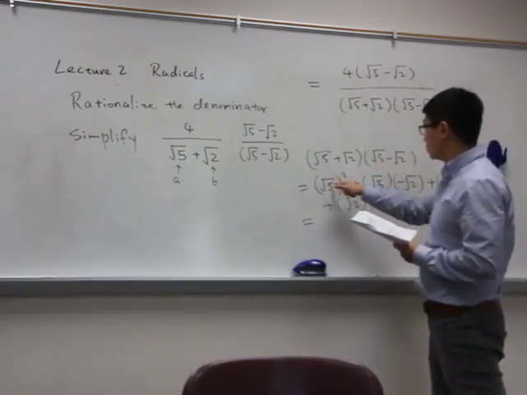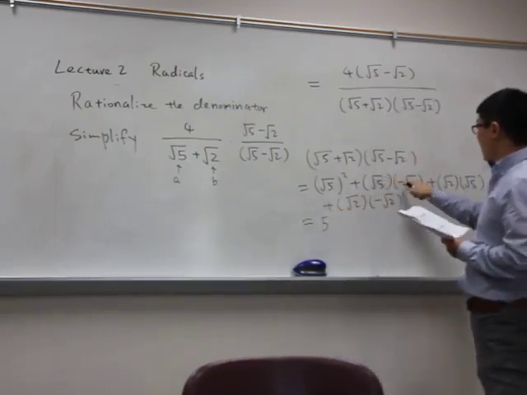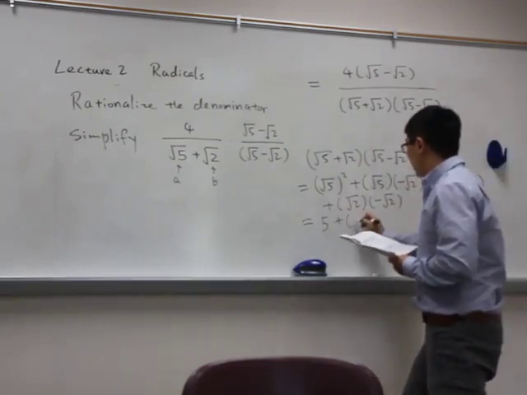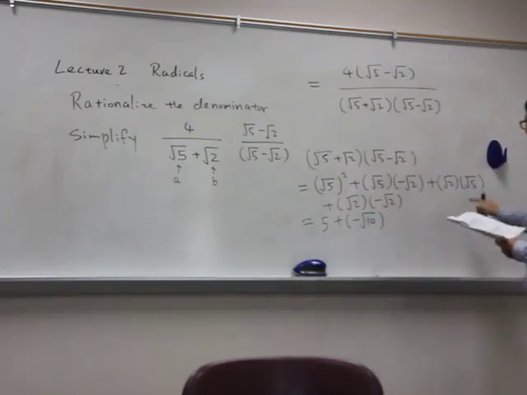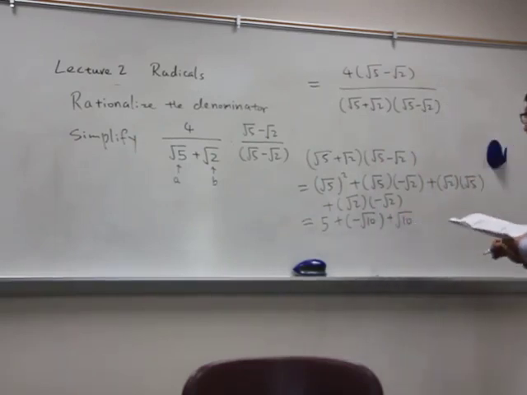The square of the square root of 5 is 5. And the square root of 5 multiplied by negative square root of 2, we have a negative square root of 10. And a positive square root of 2 multiplied by square root of 5, we have a positive square root of 10.